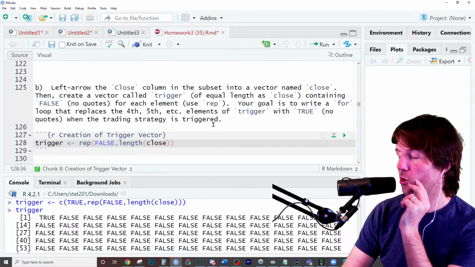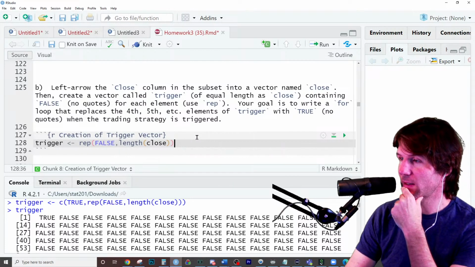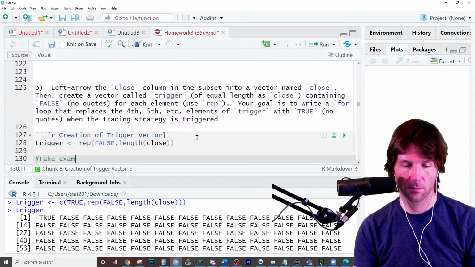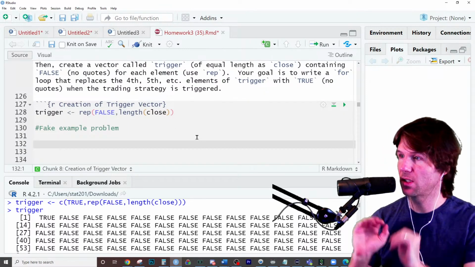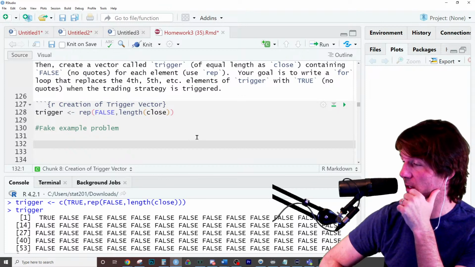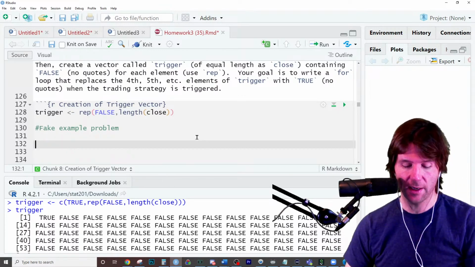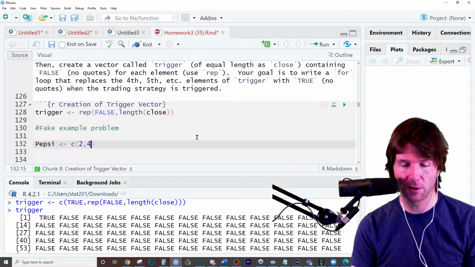Okay. So we need to know if we're going to buy this stock. If I'm only going to buy a stock, let's say I want to short stocks. Let's say I've got Pepsi prices right here, and Pepsi is stored into a vector.